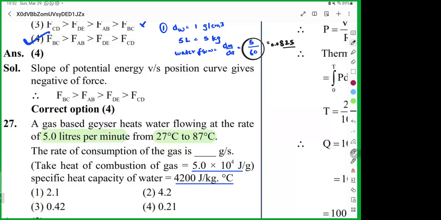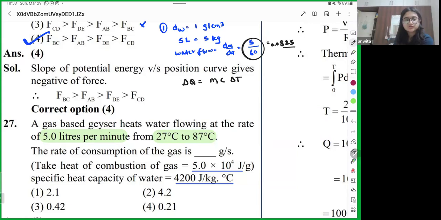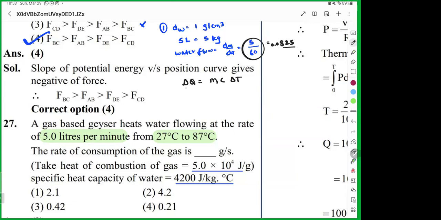Let me explain. In this case, delta Q is equal to MC delta T. Correct. Should I use this formula? Very good. If you divide by time, this will equal power. What is the mass divided by time? 5 by 60 we have here.